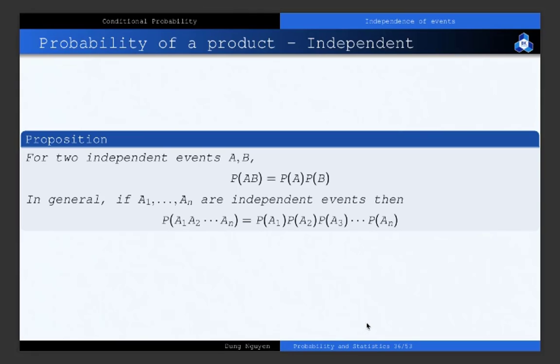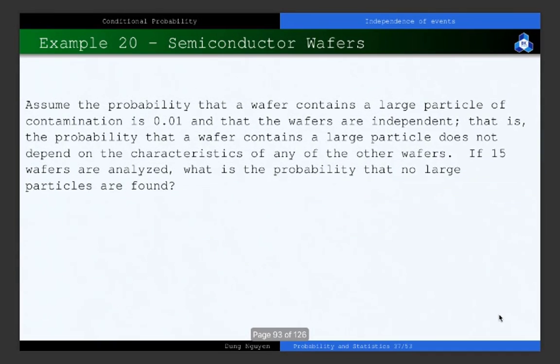The probability of AB is the same as the probability of A times the probability of B if A and B are independent. In general, if you have many independent events, then the probability of the intersection is the product of the probabilities of the events.